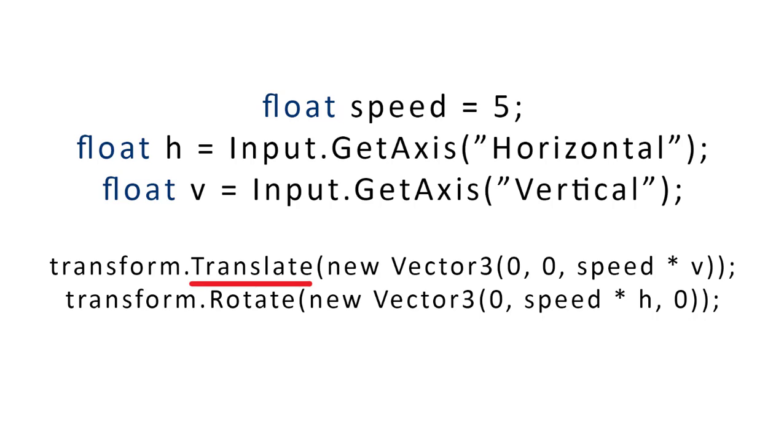We have transform.translate with a new vector 3, because we aren't using a pre-made variable, of value 0 on the x, 0 on the y, and speed multiplied by v on the z-axis, meaning our character in a 3D space will move forward and back. The second is transform.rotate, again with a new vector 3 because we're not using a pre-made variable, with 0 on the x, 0 on the z, and speed multiplied by horizontal on our y-axis.